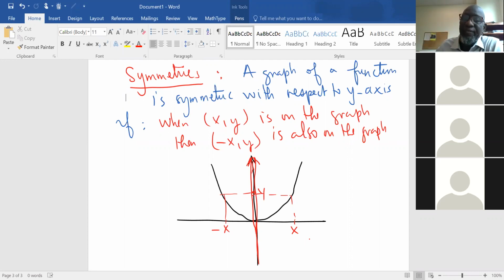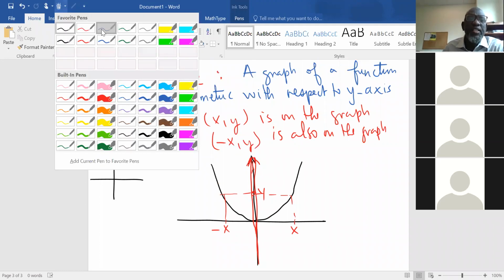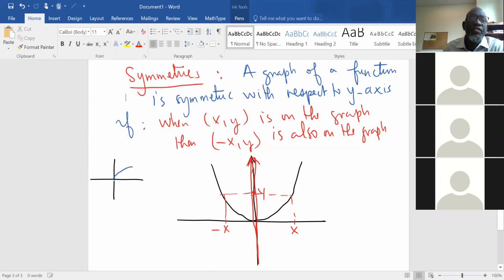Exactly. The graph of a function cannot be symmetric with respect to the x-axis, because then it's going to fail the vertical line test. You see, if my graph here is symmetric with respect to the x-axis, what's going to happen?